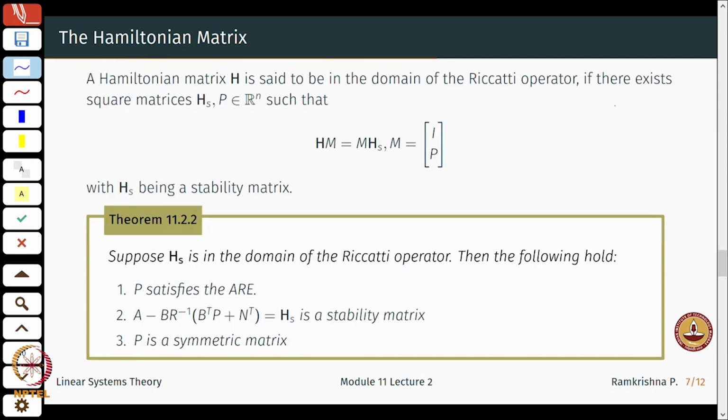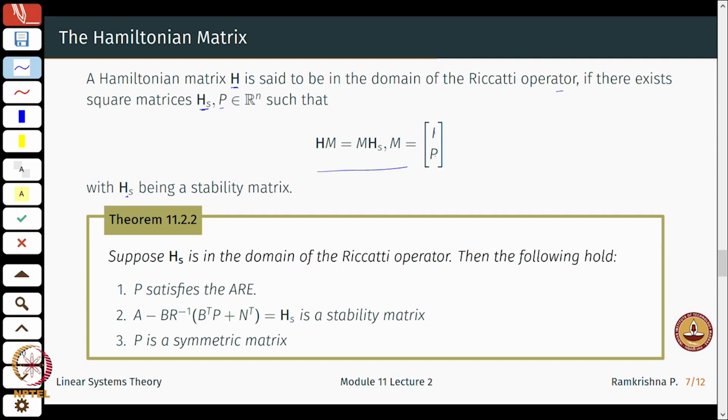Okay. So, the first thing that we will further define is that a Hamiltonian matrix H is said to be in the domain of the Riccati operator if there exists a square matrix M and a square matrix P such that this relation holds: H times M, where M is just identity and P, equal to M times Hs, with this Hs being a stability matrix.